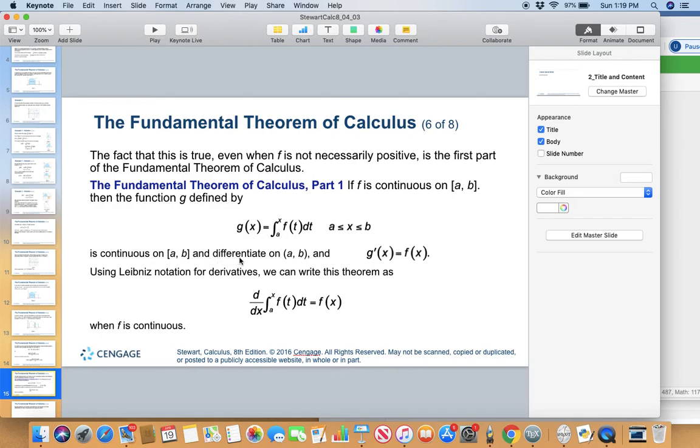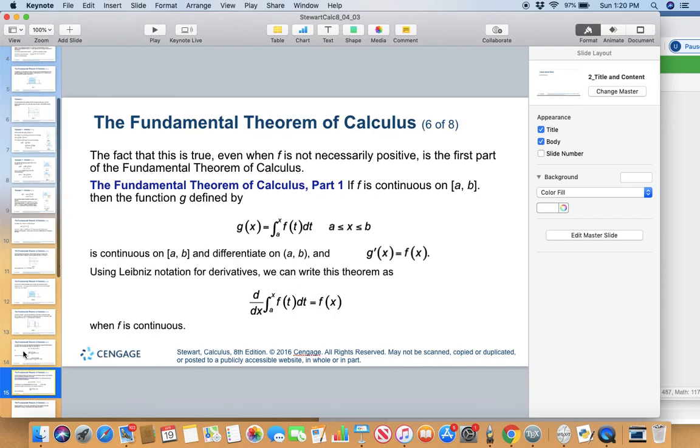It is also differentiable on the open interval (a, b) with the derivative equal to f(x). The underlying function is the derivative of the area function. In other words, using Leibniz notation, that is, instead of prime, you would say the derivative of the area is the underlying function f(x). Notice x is evaluated at the last point, the upper limit.